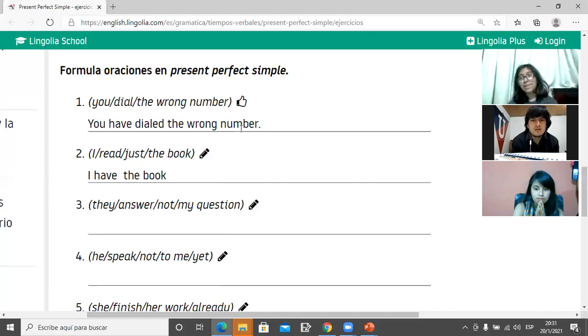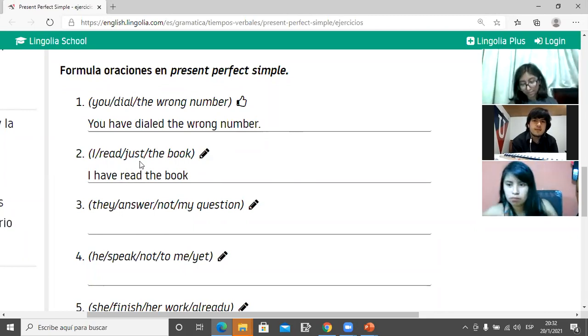Read. Can you spell this word? The same. Okay, very good. Only the pronunciation is different, right? Where can I put the word just?